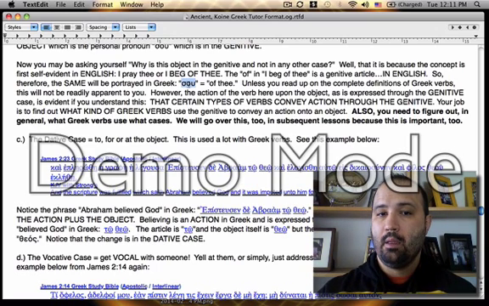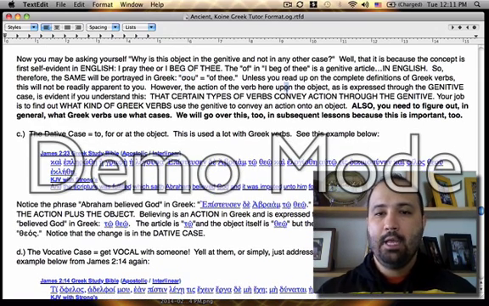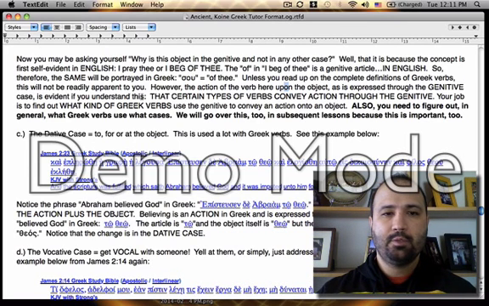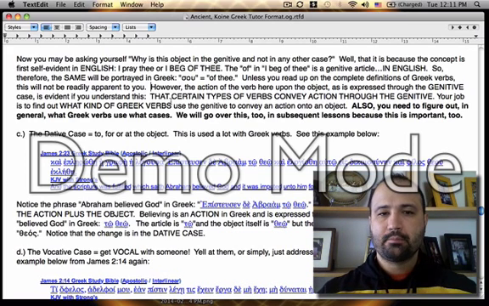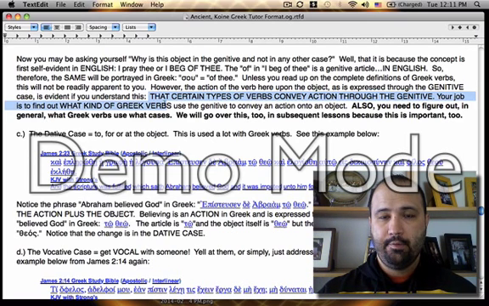See that? Of thee. Unless you read up on the complete definitions of Greek verbs, this will not be readily apparent to you. However, the action of the verb here upon the objects, as it is expressed through the genitive case, is evident if you understand this point. Again, that certain types of verbs convey action through the genitive.